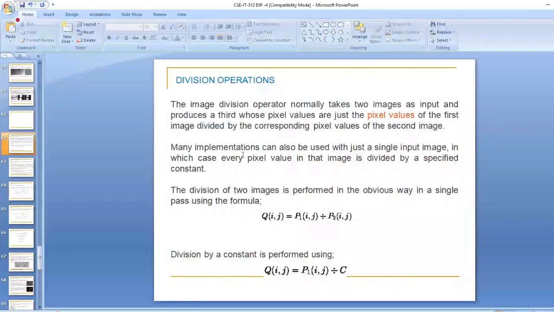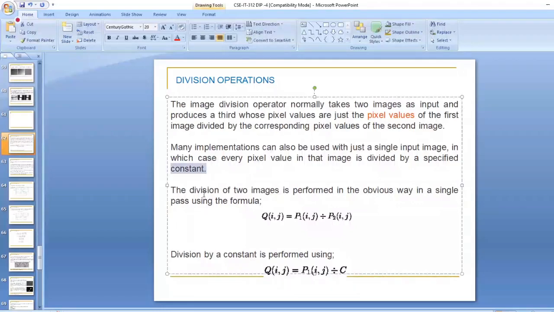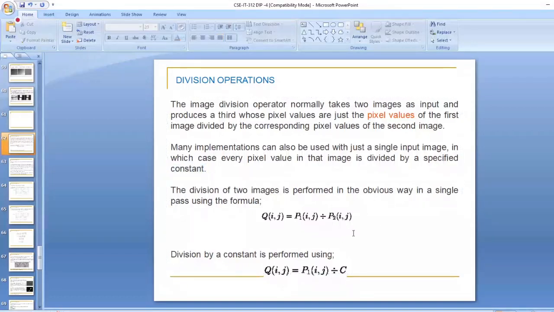So many implementations can also be used with just a single input image, in which case every pixel value in that image is divided by a specified constant value. So division of the two images is performed in a single pass using the formula. So this is similar to what I have taken for the multiplication also.